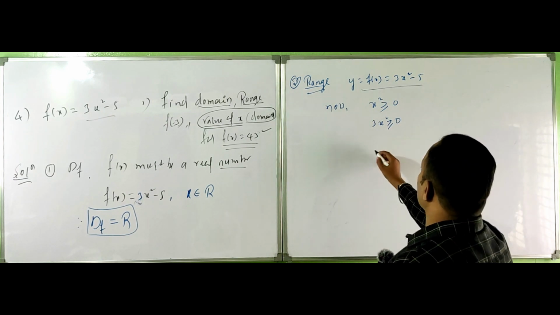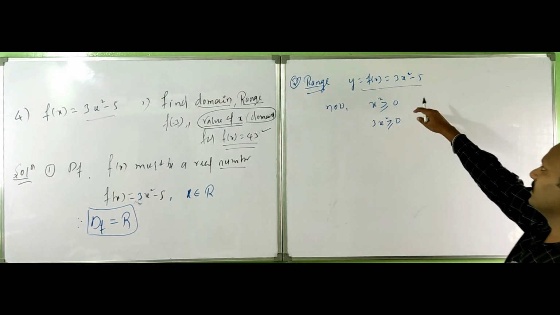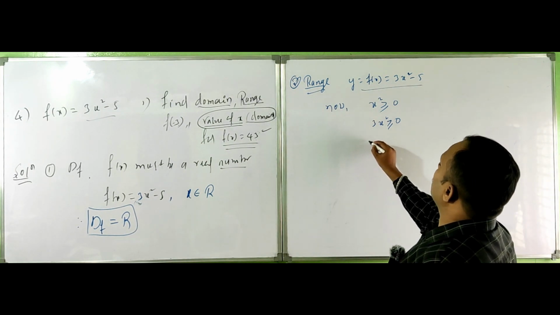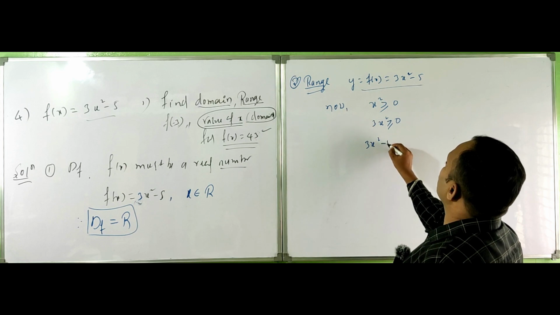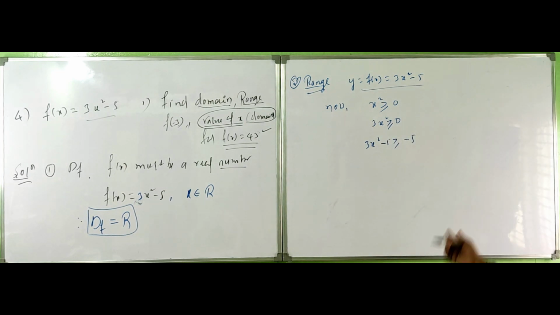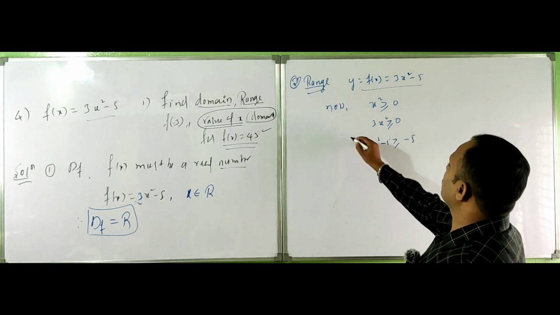I am making the complete y from this equation. 3x square minus 5 is greater than or equal to minus 5, adding minus 5 on both sides. So this becomes y.